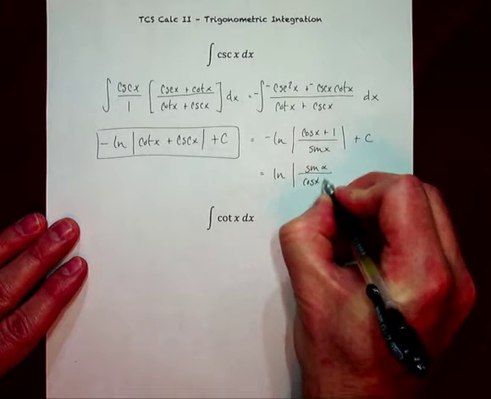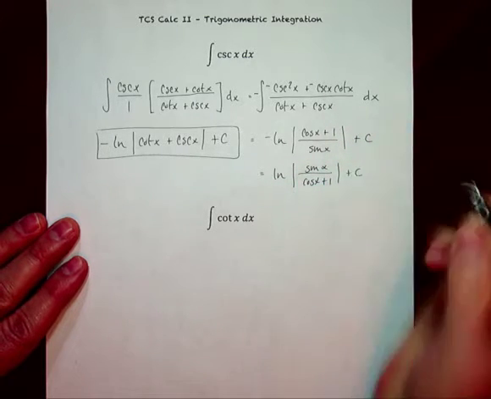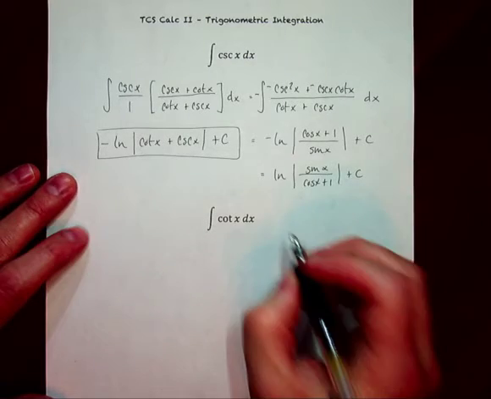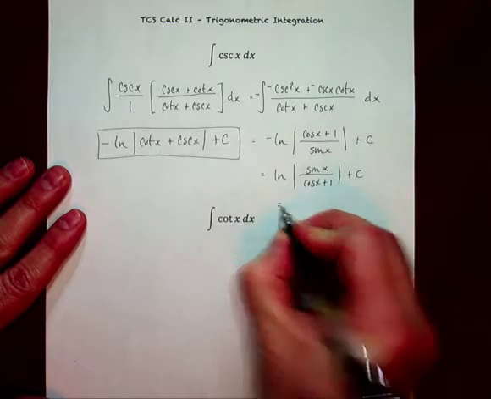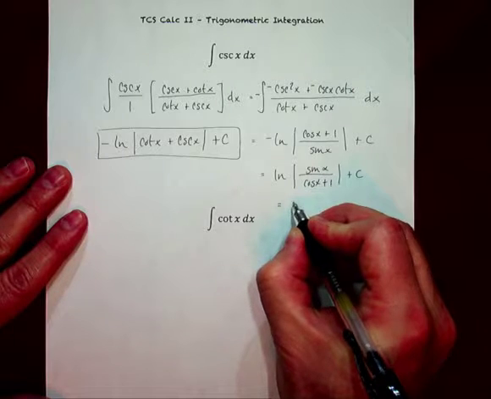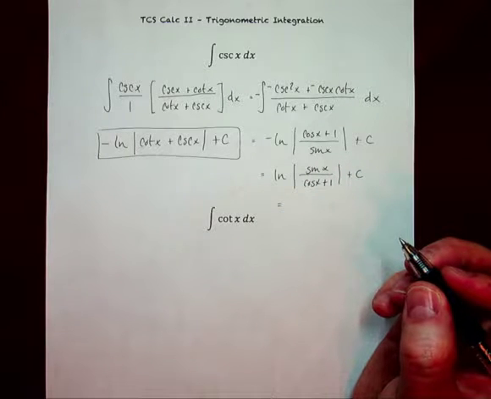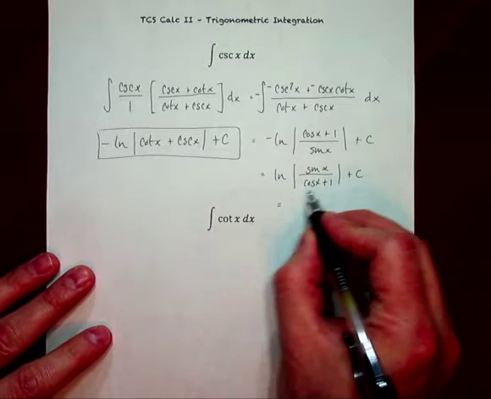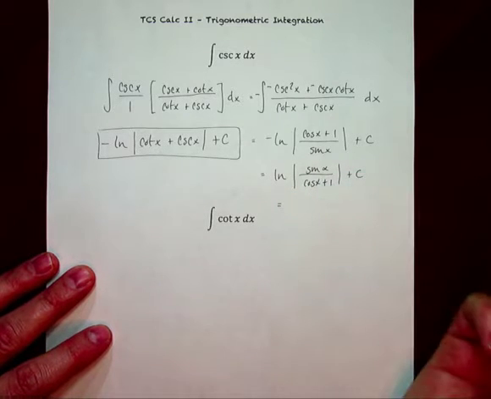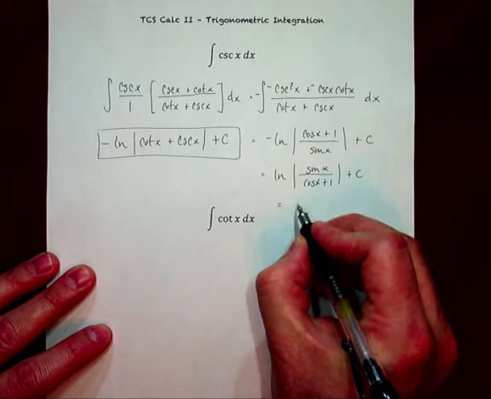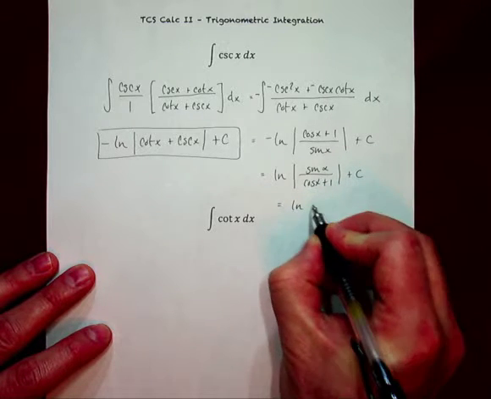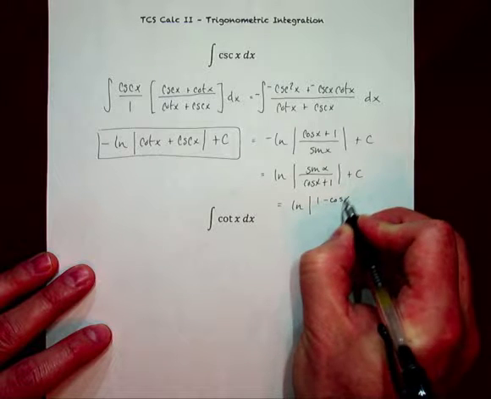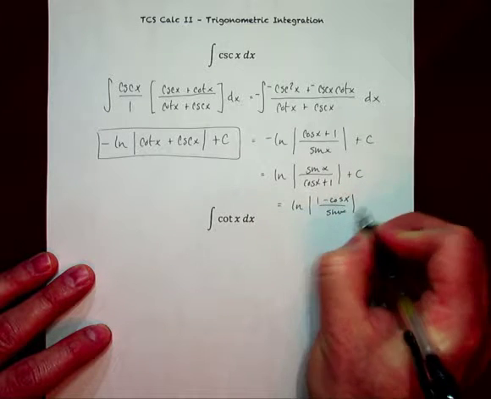But I don't really like turning it over, because then I have a denominator that's a binomial. But you also have to remember way back to verification of trig identities in analytic trig, that you can change this denominator by multiplying it by 1 minus cosine over 1 minus cosine, and therefore you can get the natural log of 1 minus cosine over sine plus c.